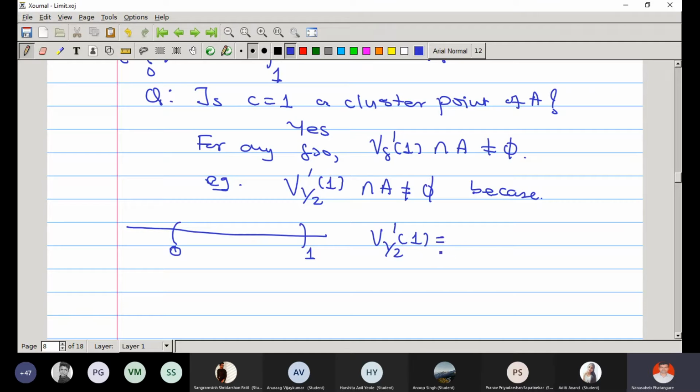It is from half to 3 by 2, leaving 1. But in the intersection, which part will be there? So this part will be in the intersection. And can you produce at least one member which is in the intersection? Yes, sir. Right.